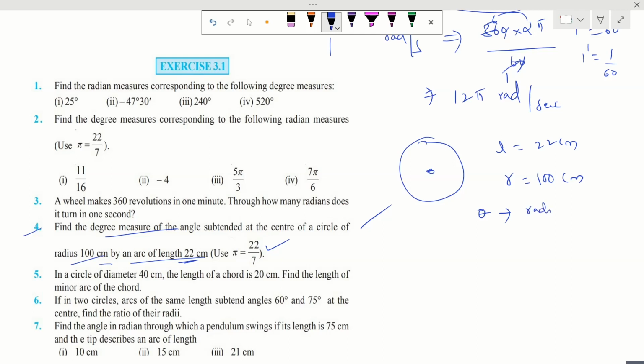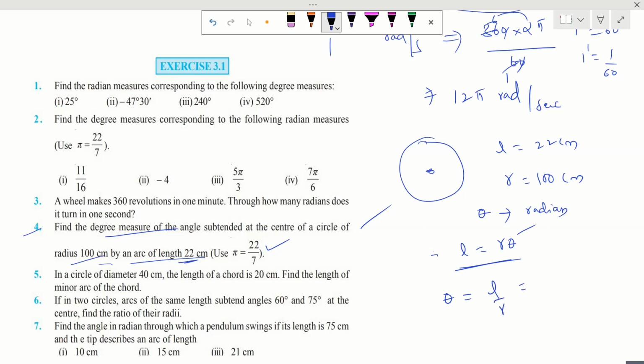We know that L is equal to R theta, as per previous discussion. So this is the formula, and we need to find theta. Theta is L by R.